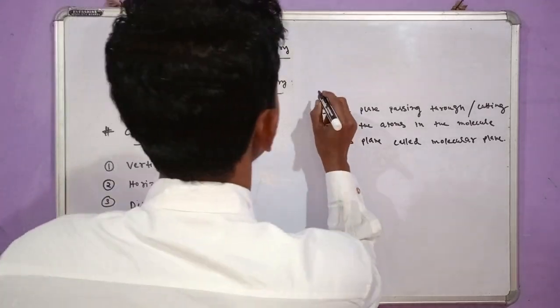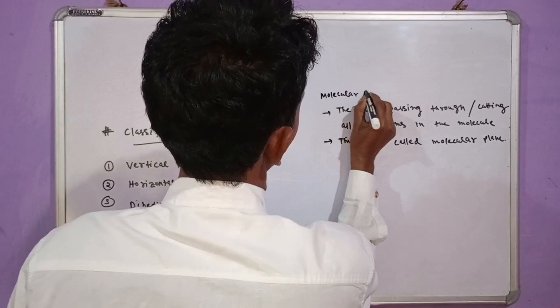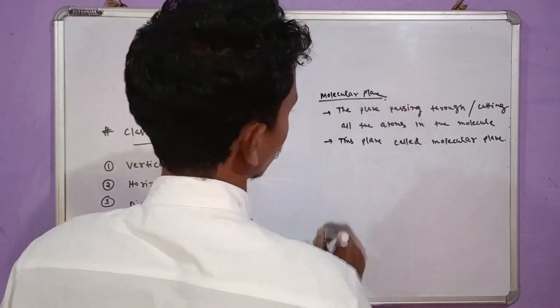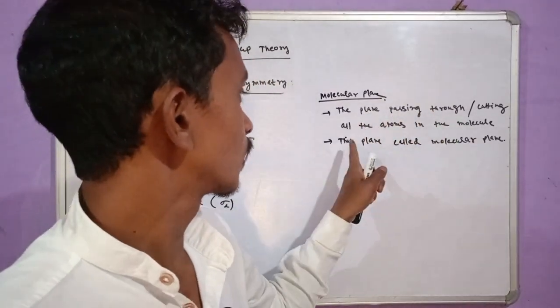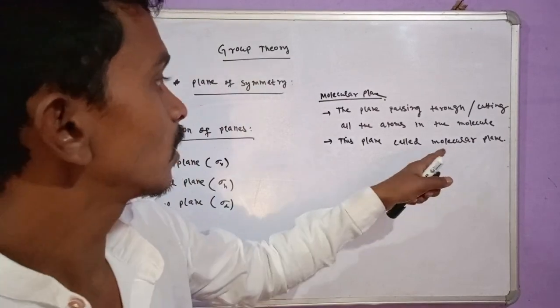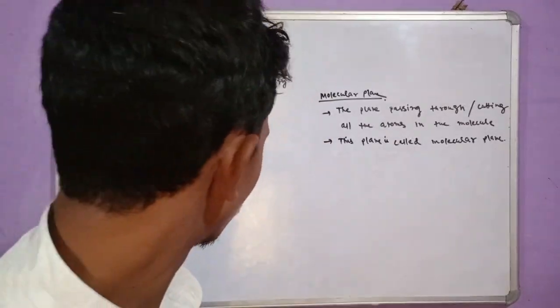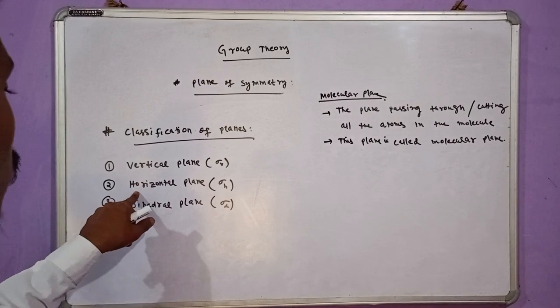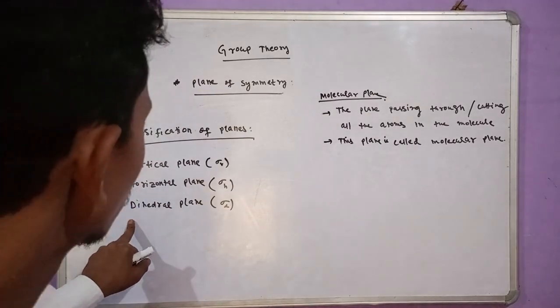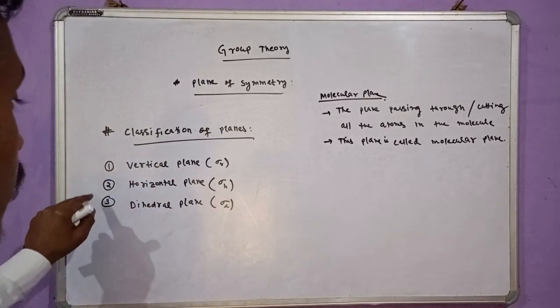And we also remember the molecular plane. Molecular plane means the plane which passes through or cuts all the atoms in the molecule. So this plane is called the molecular plane. Okay, now what do you mean by a vertical plane? What do you mean by a horizontal plane? What do you mean by a dihedral plane? It is very important to be clear about these three types of planes.